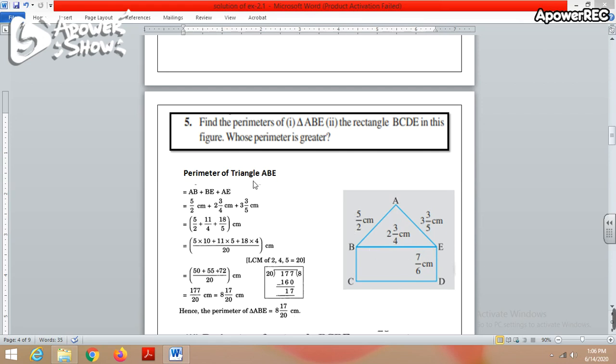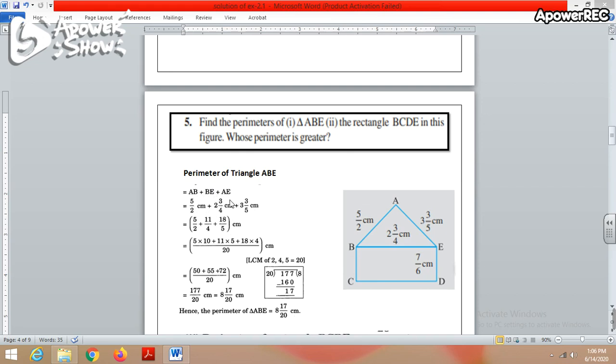So perimeter of triangle ABE equals AB plus BE plus AE. So substitute the value of AB, BE and AE. So AB equals 5 by 2 centimeter, BE equals 2 3 by 4 centimeter, and AE equals 3 by 5 centimeter.